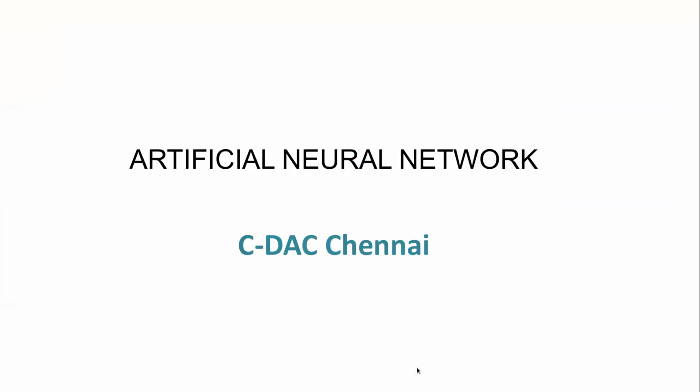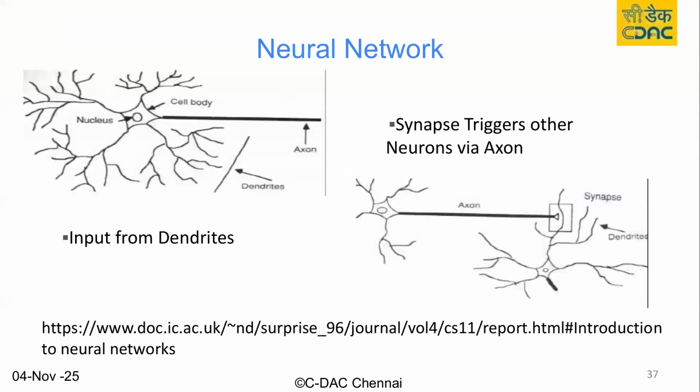For that purpose, I am quickly going into artificial neural networks. Artificial neural network concepts came in the early 1980s or even 60s. It was inspired by the human brain neurons.